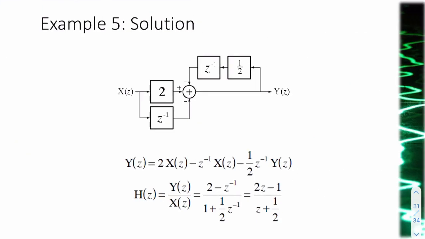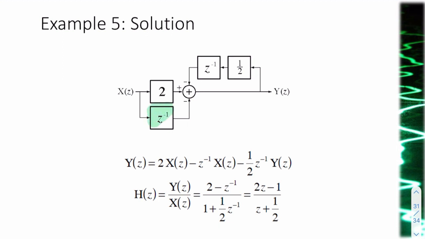So if you follow this first branch, this is x of z. That 2 is a multiplication by 2. So after it comes out of that, we're adding to that, or if you look there, we're subtracting from that a delayed version.